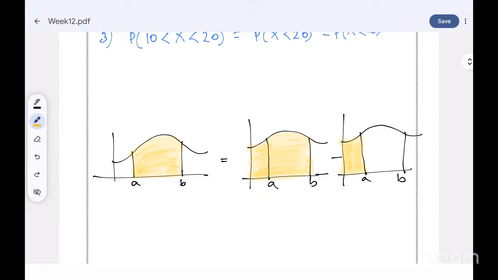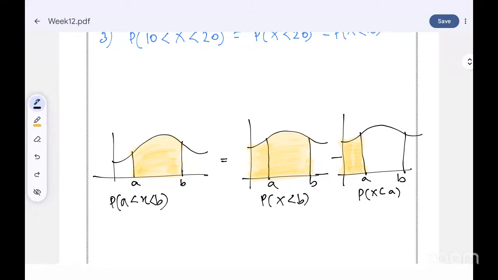Right? So this is nothing but probability of x less than or equal to b, and this is probability of x less than a. Whether it is less than or less than or equal does not matter, they are the same. So this is probability of a less than x less than b.